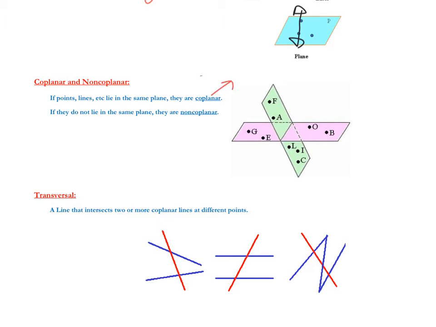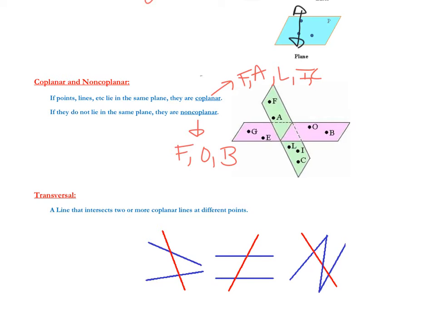So coplanar in this example could be F, A, L, I, C, or you could do G, E, O, B. Points that do not lie in the same plane, that means you'd have to do a combination of the green and the purple. So let's say F, O, and B. So these do not lie on the same plane, so they would be considered non-coplanar.